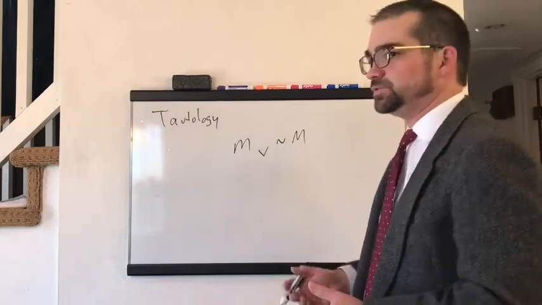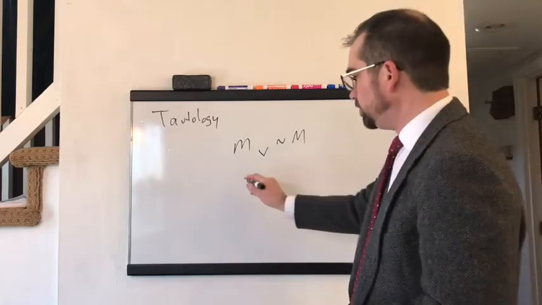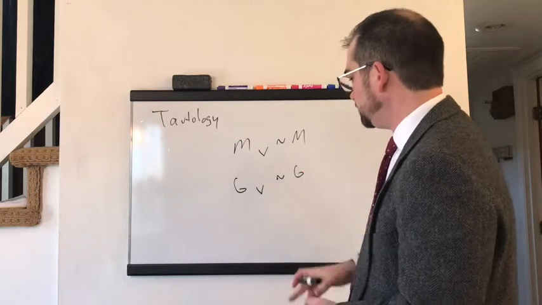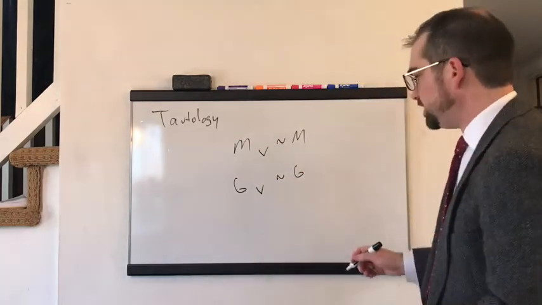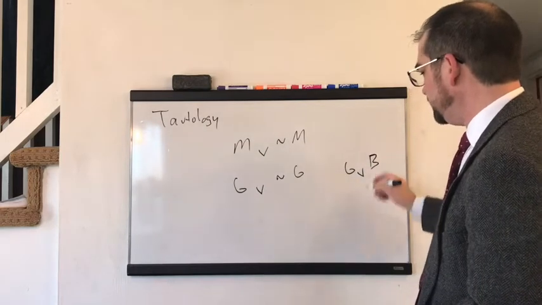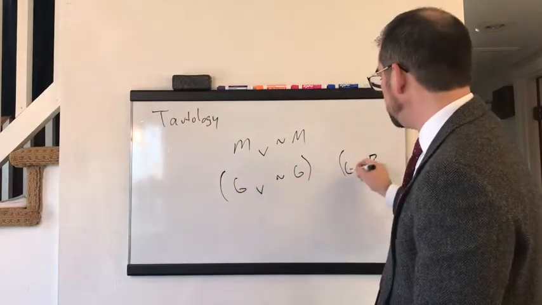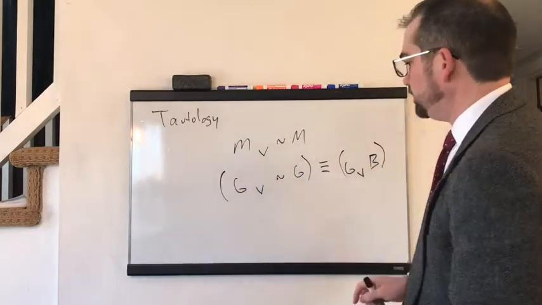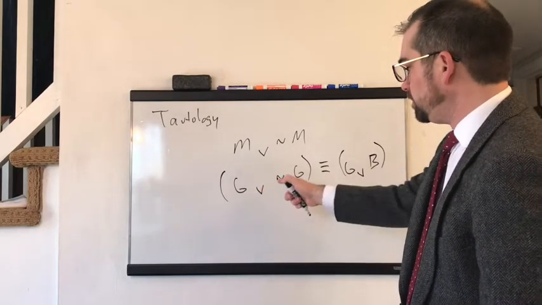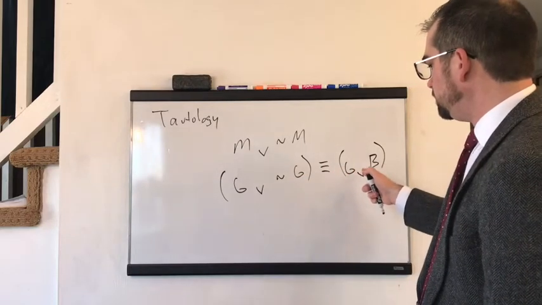It's like when someone says, well, either it is or it isn't. Either you're good or you're not good. We also think of this as good or bad. And you know what we could do here? Since these should be logically equivalent, we can say you're either good or not good, if and only if you're either good or you're bad.